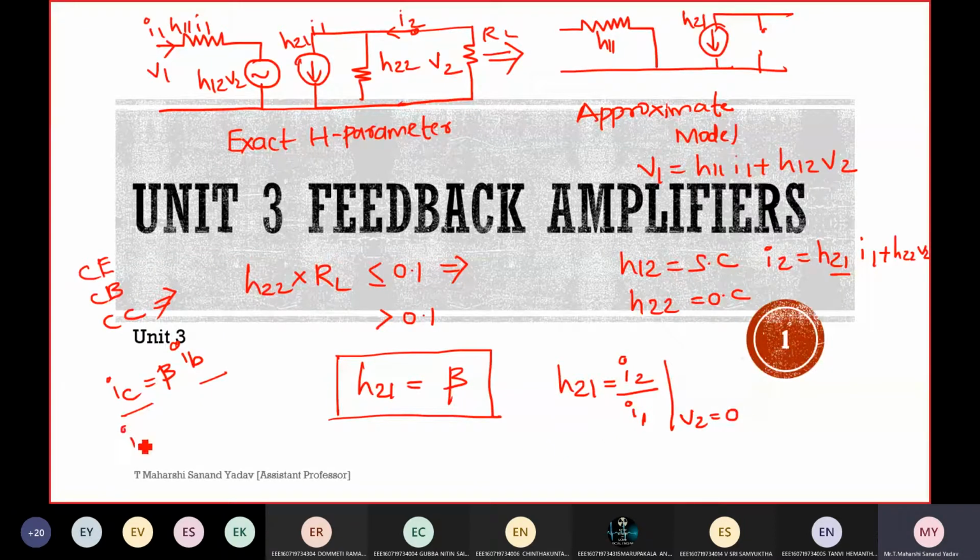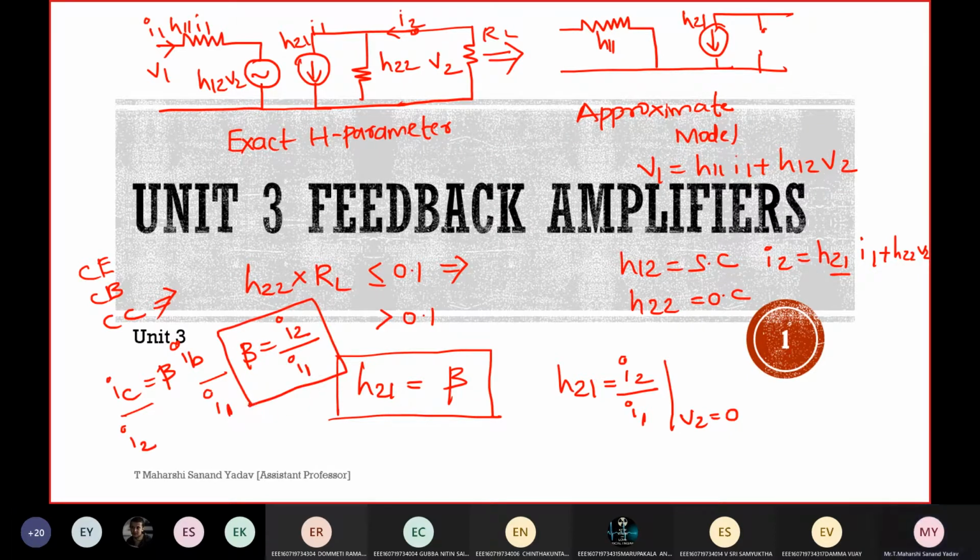Here IC is nothing but I2 and IB is nothing but I1. So here beta can be written as I2 by I1. Simply that's what I'm substituting here. Instead of I2 by I1, I'm writing beta. So that's why H21 is also equivalent to beta.